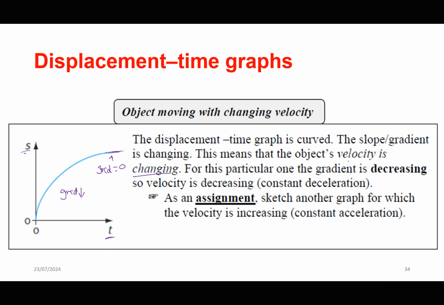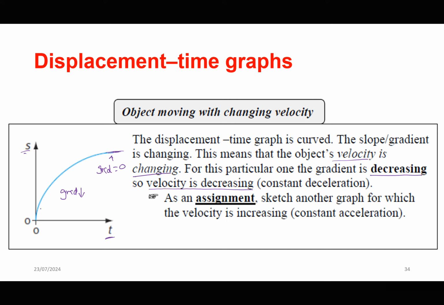It is not uniform, it is not steady, it is not constant. For this particular motion, when the line tends to becoming horizontal, the gradient is decreasing. So we say the velocity is decreasing because the velocity is the gradient, or the gradient is the velocity.